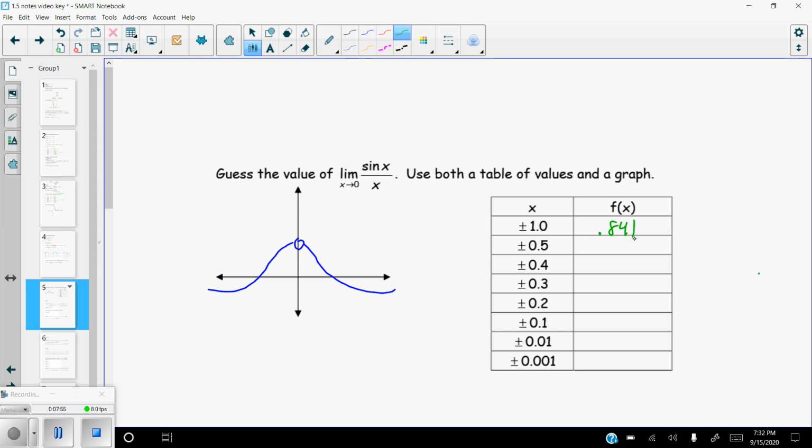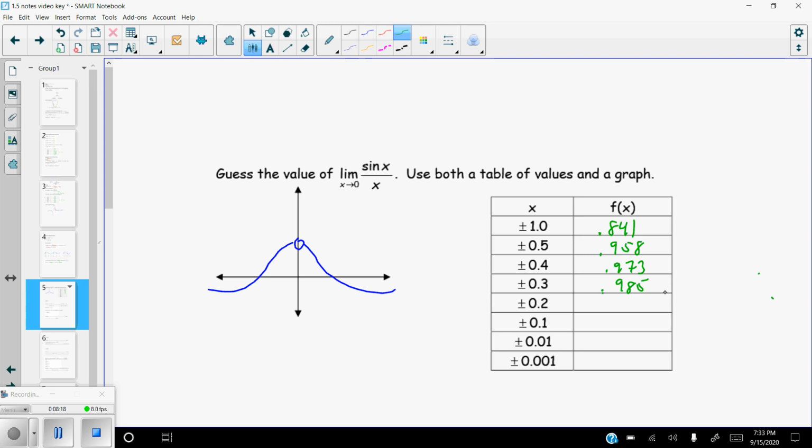And then if I plug in 0.5, because that's getting closer to 0, I get 0.958. And if I plug in 0.4, I get 0.973. And if you've already guessed this, then you pretty much know that you're probably heading in the right direction here. You plug in 0.3, you get 0.985.